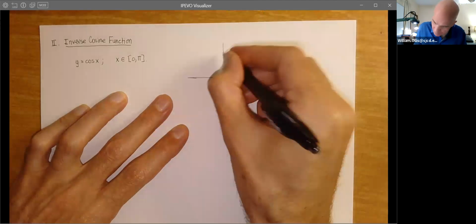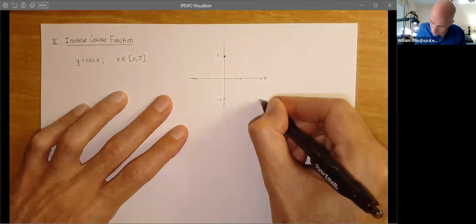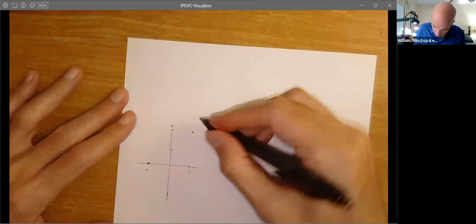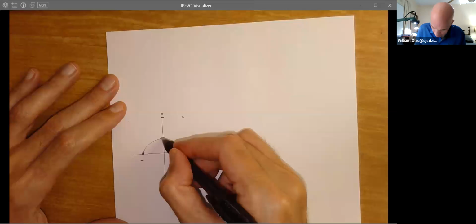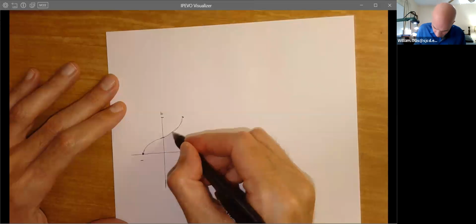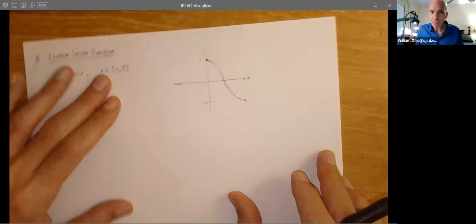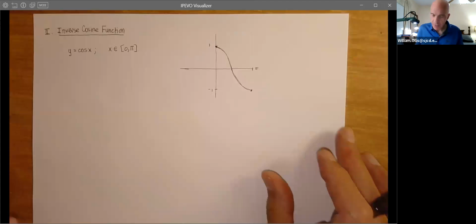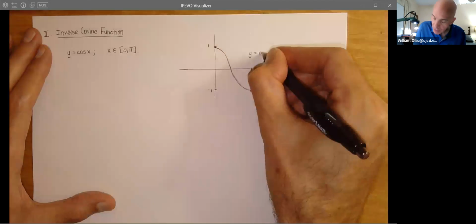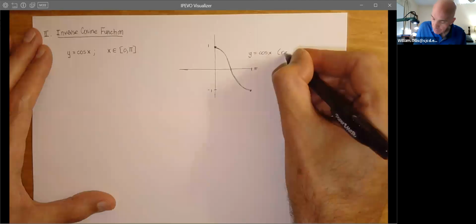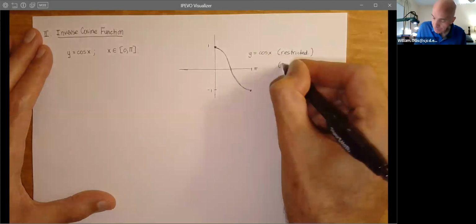Negative 1, 1. So that's the part of the cosine function that's restricted. So this is y equals cosine x restricted. This again is universal. This is 1 to 1.